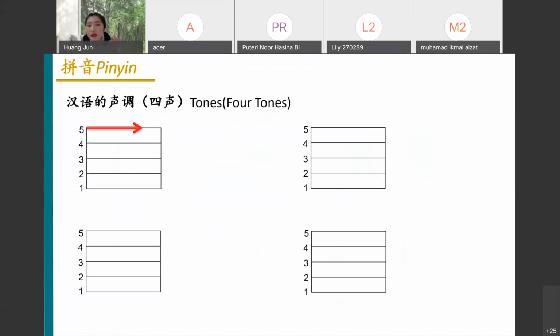The first one is very stable. This is the example we gave you. The tone when you read does not change. Then the second one, your voice will change from low to high. Then number 3, your voice will change from high to low, then go up to high again.